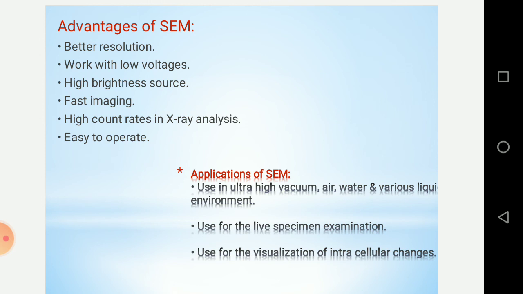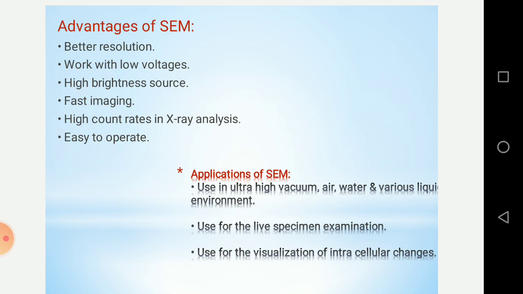It is used for specimen examination, basically to see the different types and details about a particular specimen; that is called specimen examination. We can observe details about that particular specimen, and it is used for the visualization of intracellular changes.